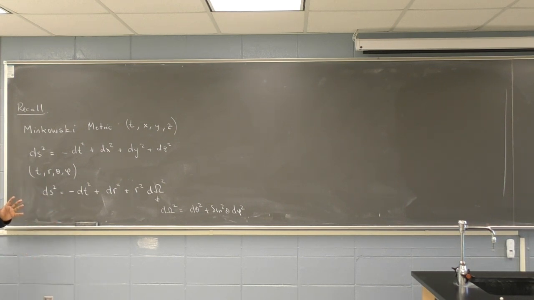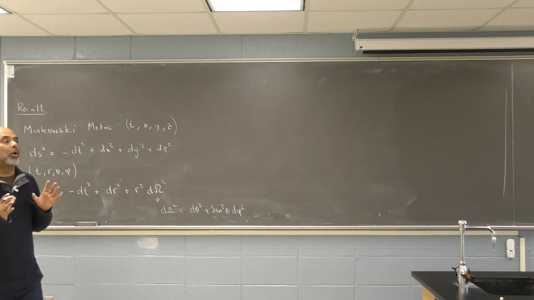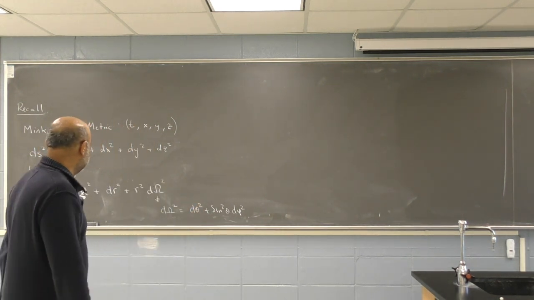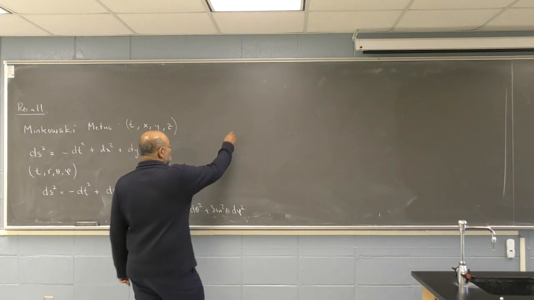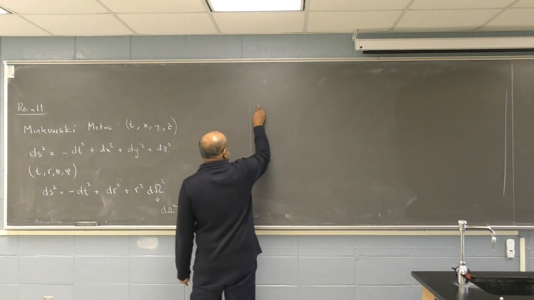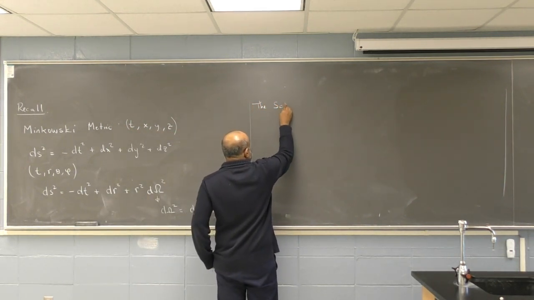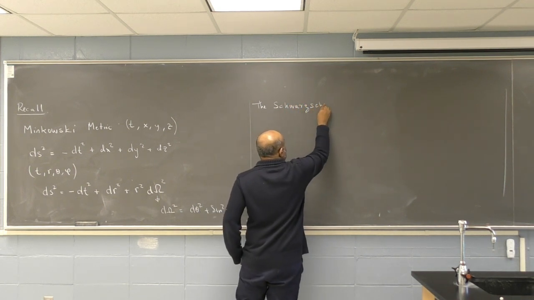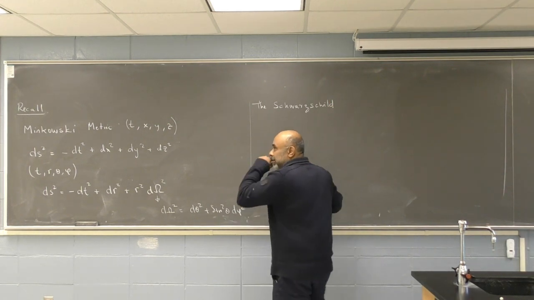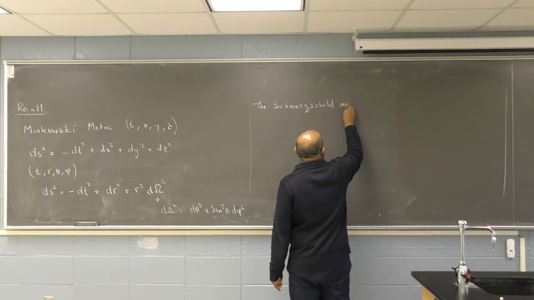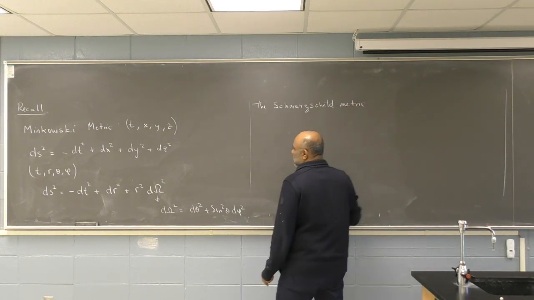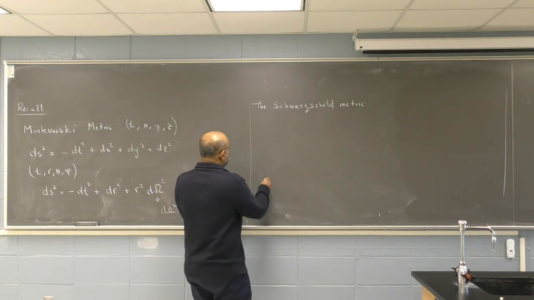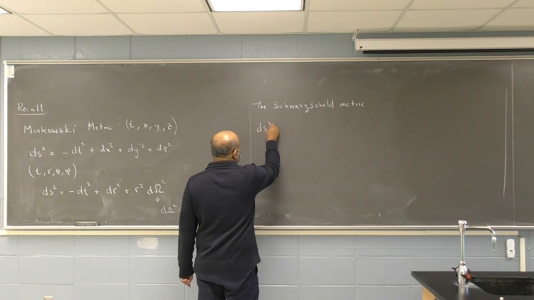Now all of a sudden, and this you almost invariably have seen if you have taken an introductory course in general relativity, the Schwarzschild metric. And you can compare and see what happens, so you get a sense of how these metrics evolve.